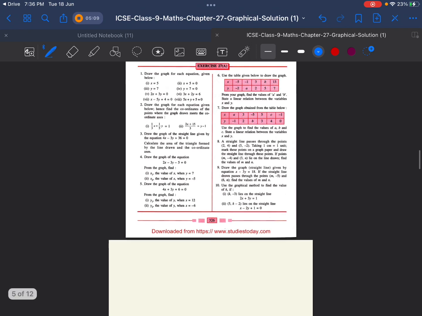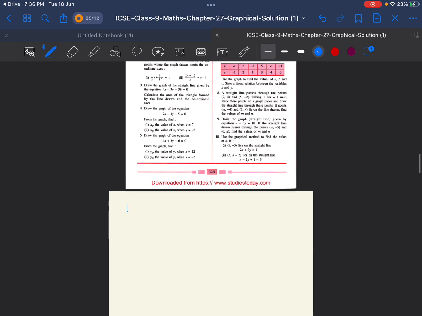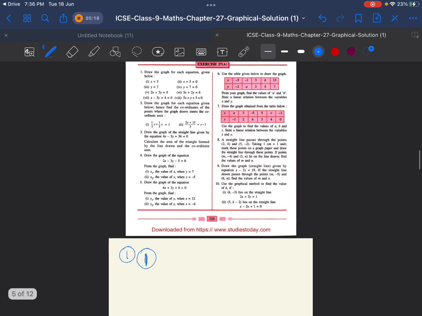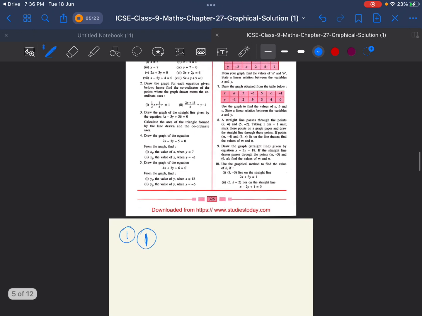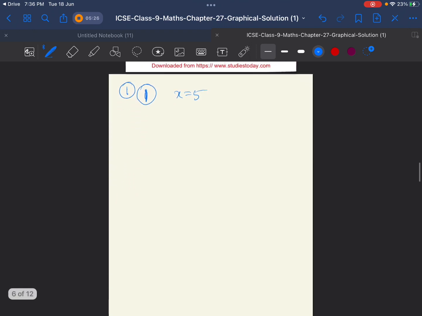This is exercise 27a. First question is draw the graph for each equation given below. Here first equation is x equals to 5.